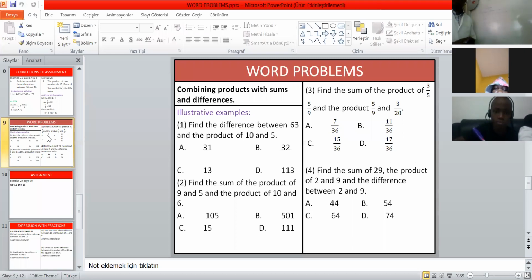I'm giving you 1 minute to solve that. Find the difference between 63 and the product of 10 and 5. Yes, what's your answer? I'm waiting. Rolling your answers. Have you seen the question? Good.